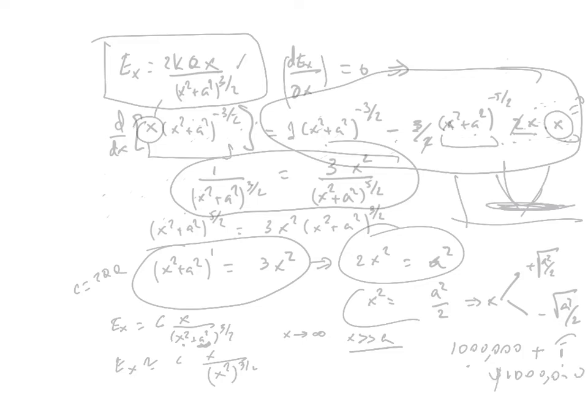So I have neglected a squared in front of x squared. So it will be cx divided by x cubed, approximated by 1 over x squared. So this is the approximation of the field when x goes to infinity. When x goes to 0, there is another approximation that you have to learn.